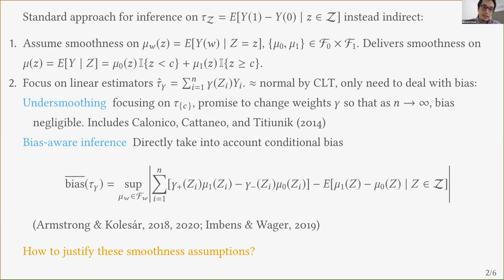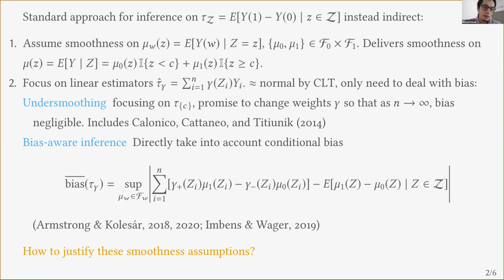And what I can do is I could then use these smoothness assumptions to argue that my estimator is going to have asymptotically a small enough bias if I choose the weights in the right way. So if I promise to change the weights so that the weights are going to be putting negligible weight on people who are not in infinitesimal distance away from the cutoff.